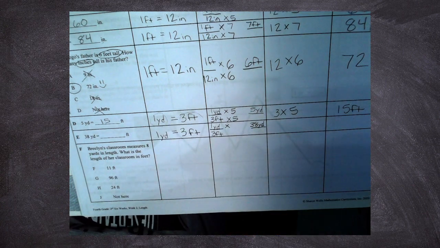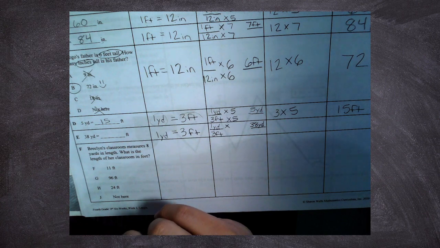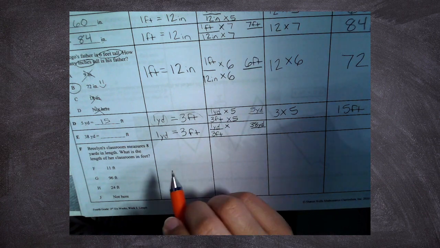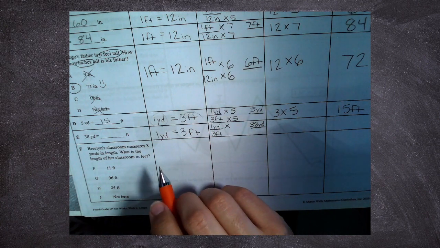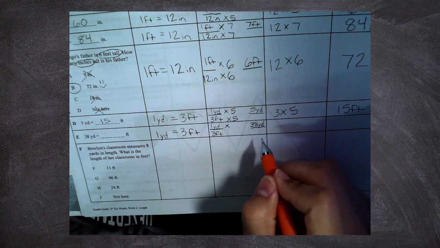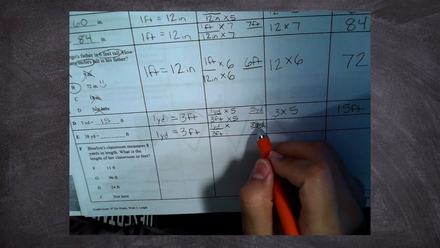I still want to use multiplication because multiplication will stay equal and even. But what would I have to multiply here? 1 times what would make 38?